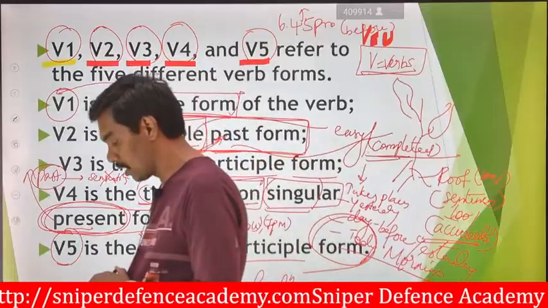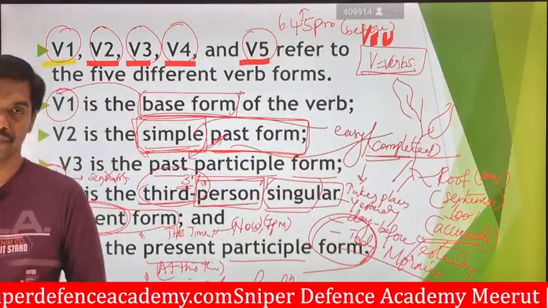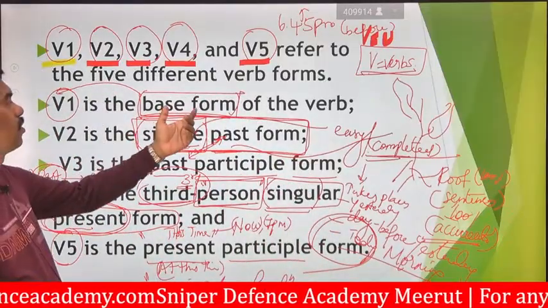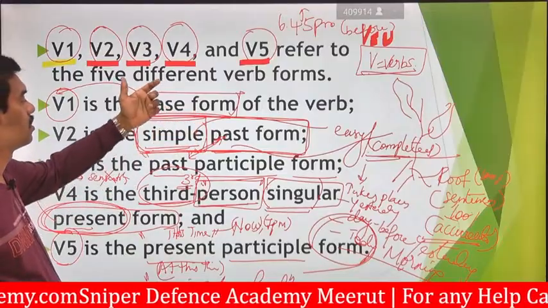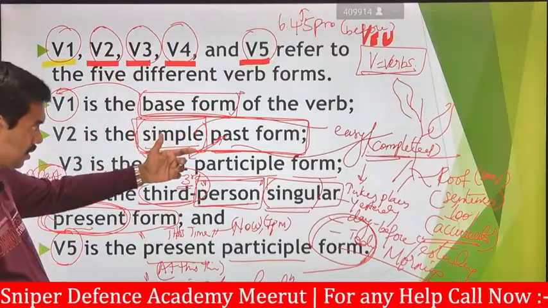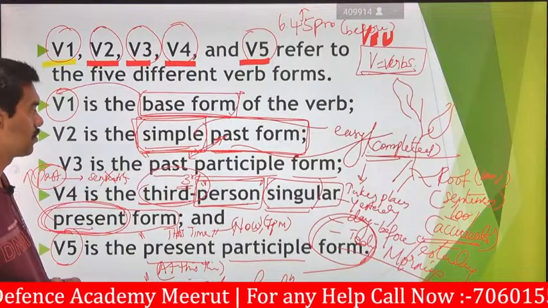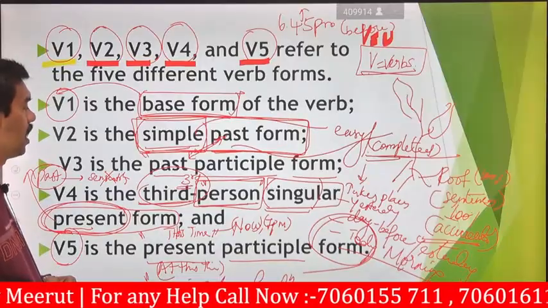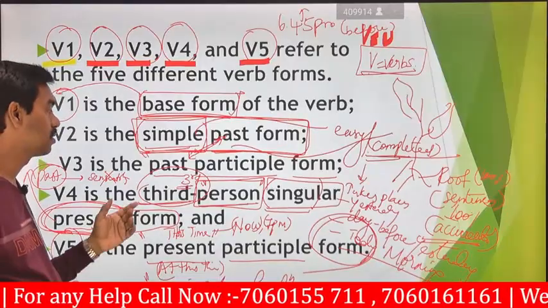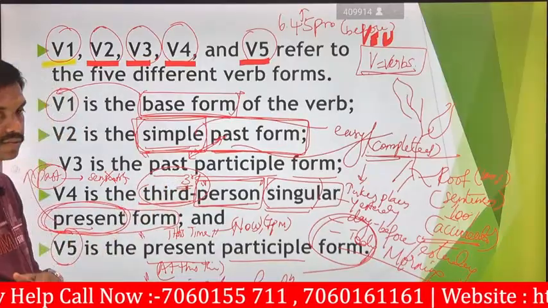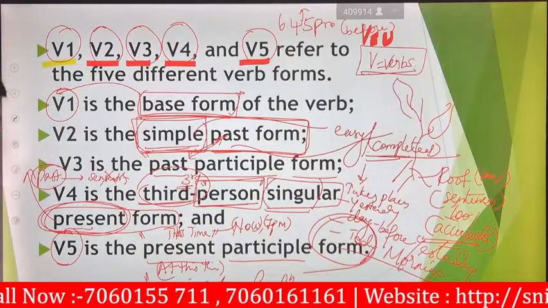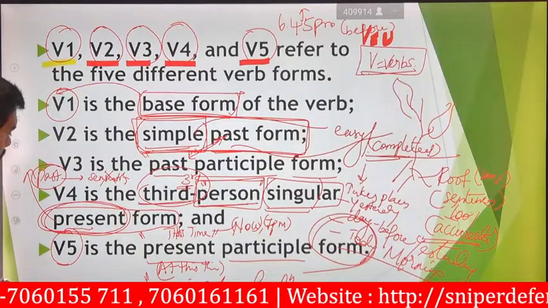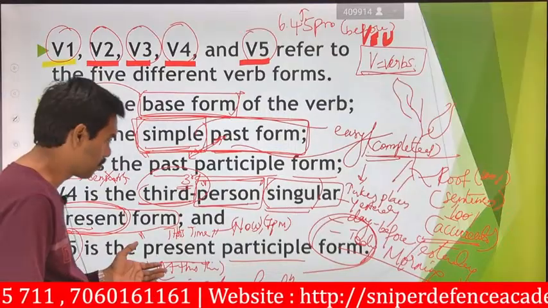In the previous class, we saw what the base form is, then the past form, and next the past participle form. Yesterday we saw the third person singular present form, and finally today we have seen the present participle form.